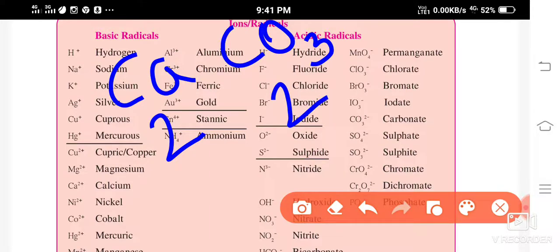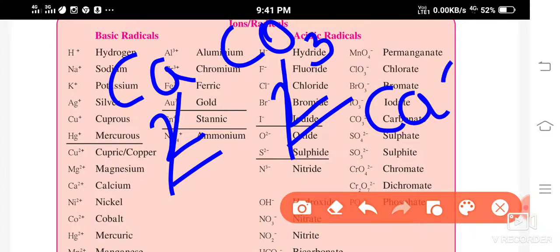This is the acidic radical carbonate. Now you are going to write the formula of calcium carbonate. Remember, for calcium it is 2 and for carbonate it is 2, so both get cancelled. The formula will be CaCO3. This is calcium carbonate.